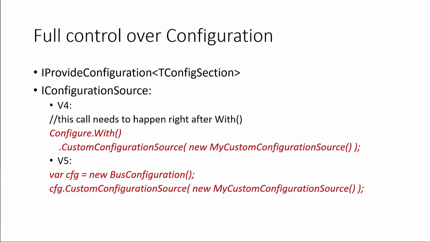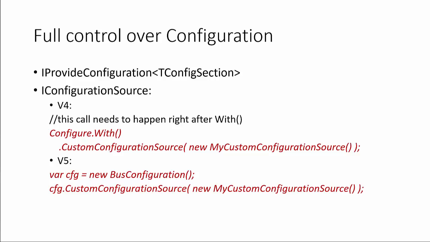IProvideConfiguration of UnicastBus means that we are telling NServiceBus we are responsible for defining the message mappings for this endpoint, and please NServiceBus, do not go and read them from the application configuration file, because we have stored them in some database and we can load them for you.